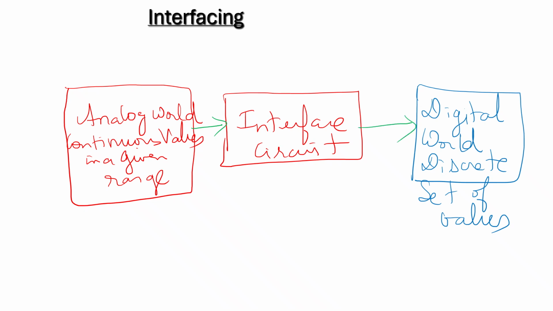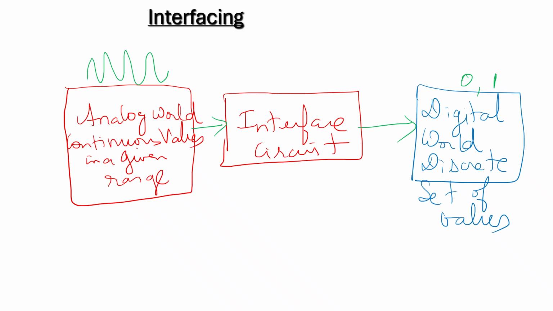So in this case, the analog components are sent to an interfacing circuit, and the output of the interface circuit is sent to the digital world, a discrete set of values. So we have analog signals like this with continuous values, and the digital world signals have a discrete set of values in the form of zeros and ones.